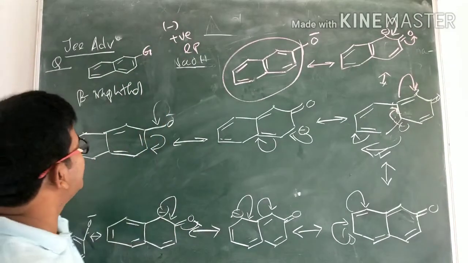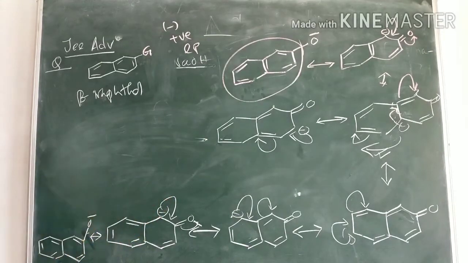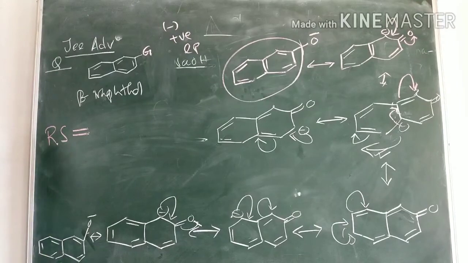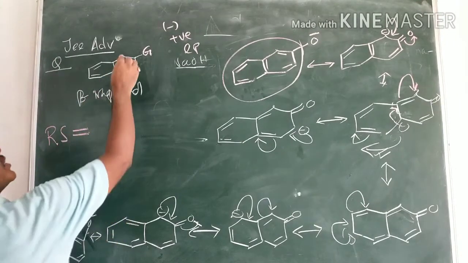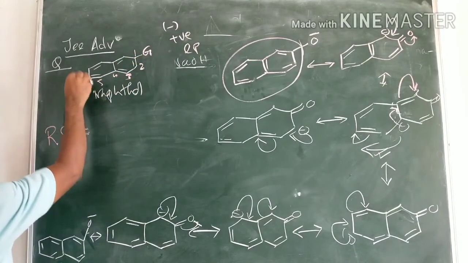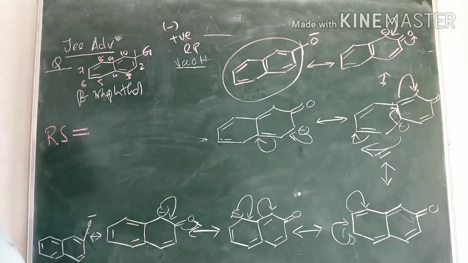In that case, the total number of RS, very simple. RS means resonating structures. Simply, we need to count the number of corners. 1, 2, 3, 4, 5, 6, 7, 8, 9, 10 corners.